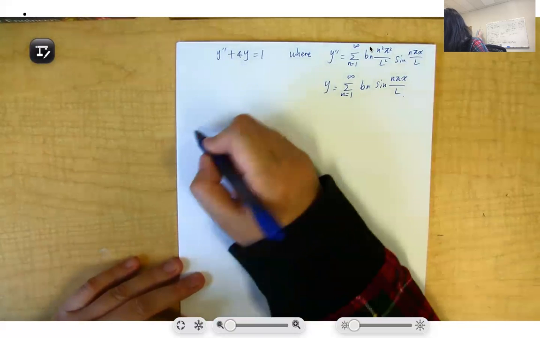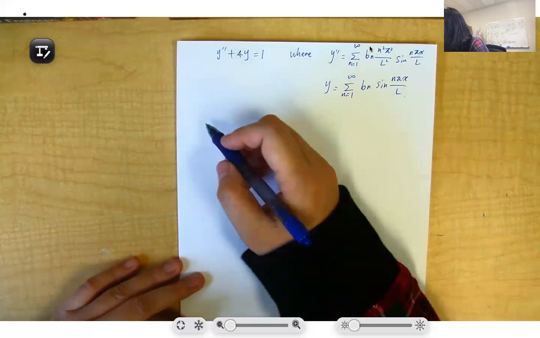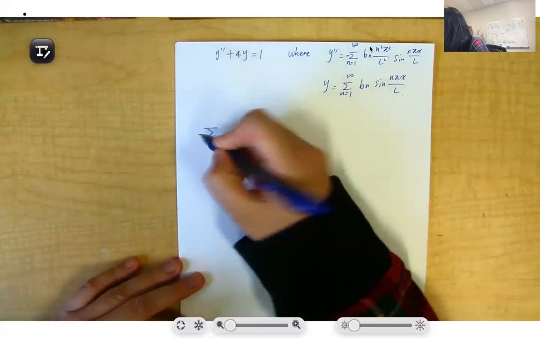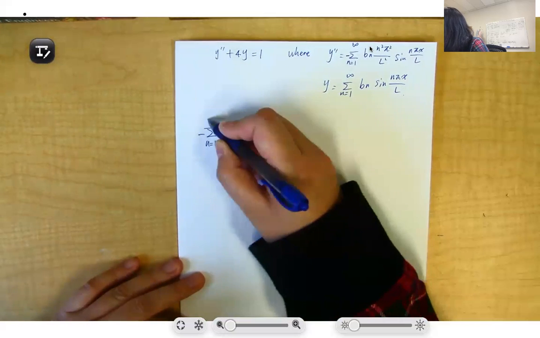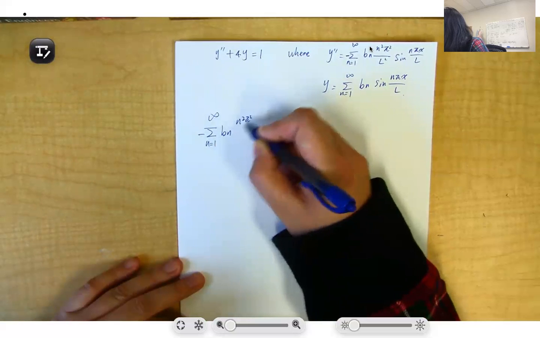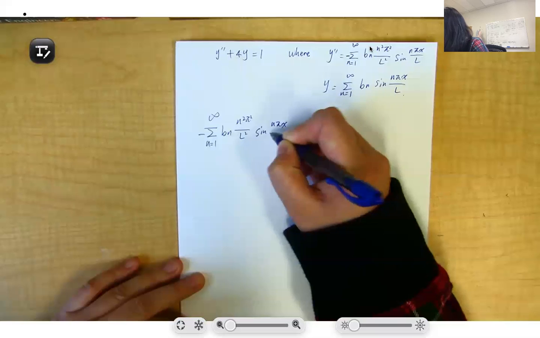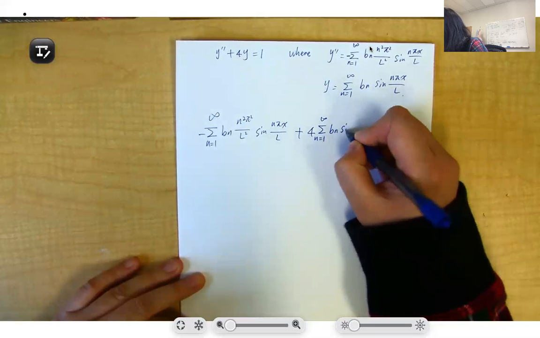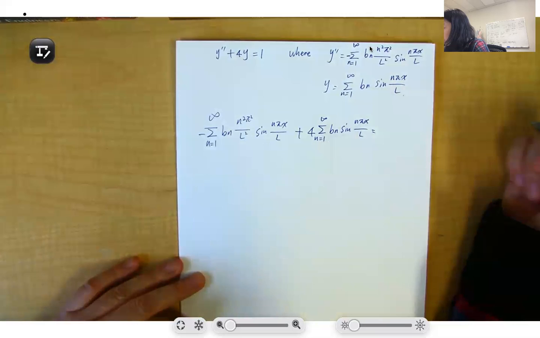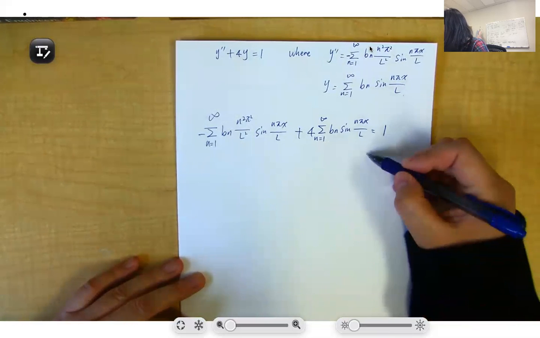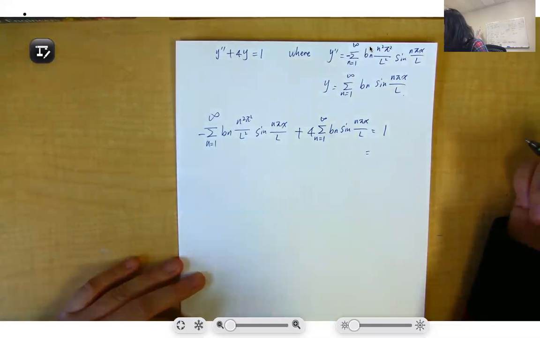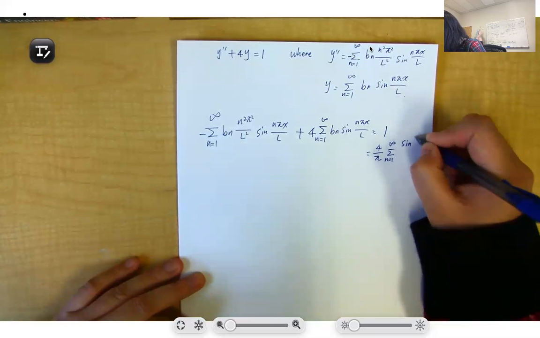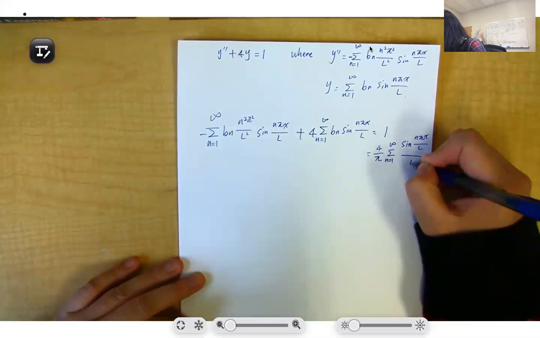So we get y double prime, sorry, this is a minus sign here, so minus the sum from n equals 1 to infinity of b_n n squared pi squared over L squared sine n pi x over L, plus 4 times the sum from n equals 1 to infinity of b_n sine n pi x over L. That should equal 1, where this 1 can also be represented by the generalized Fourier series, 4 over pi times the sum from n equals 1 to infinity of sine n pi x over L divided by n.